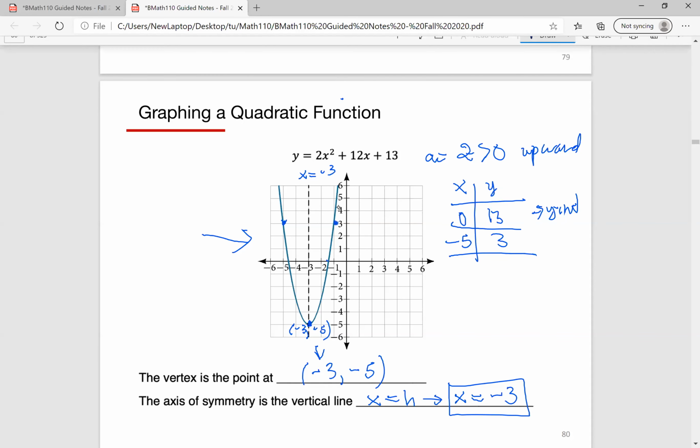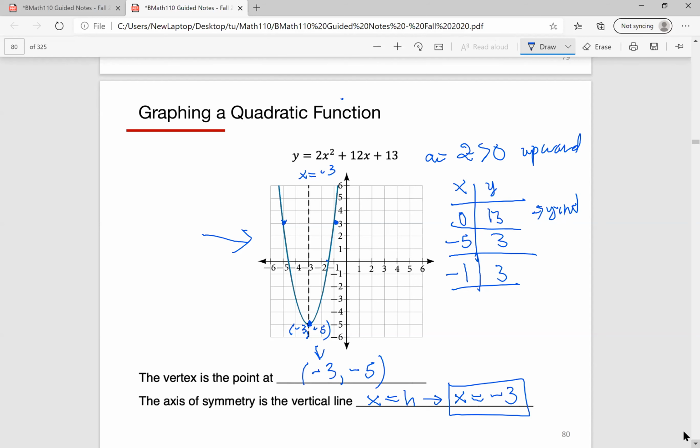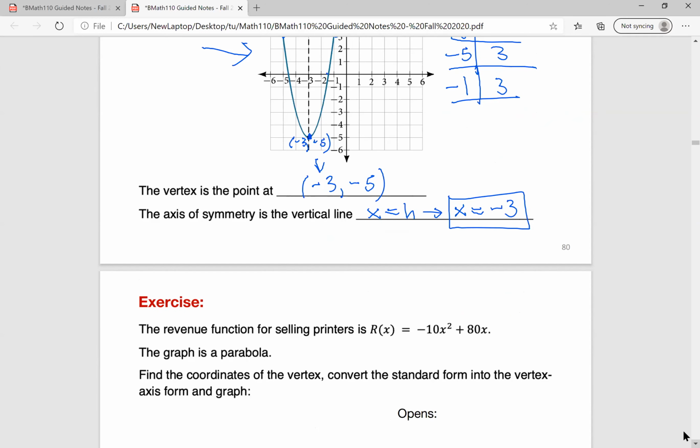So you're going to have this one, which is -1 and 3, I think. So you can check with -1, you're also going to have 3. Okay, so now you can connect all these points to get the graph nicer. I think that's enough for graphing the quadratic function, but let's see if I have another example.